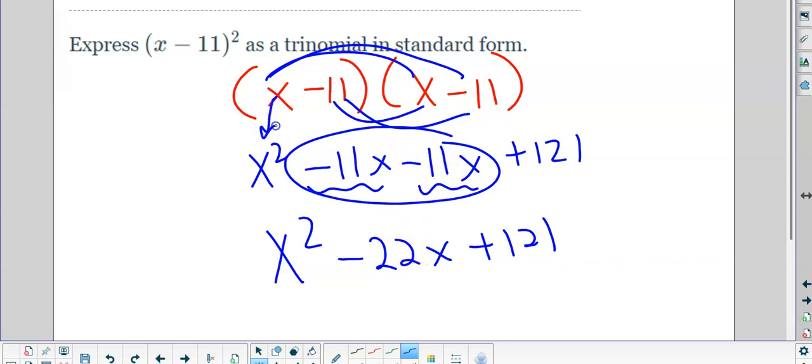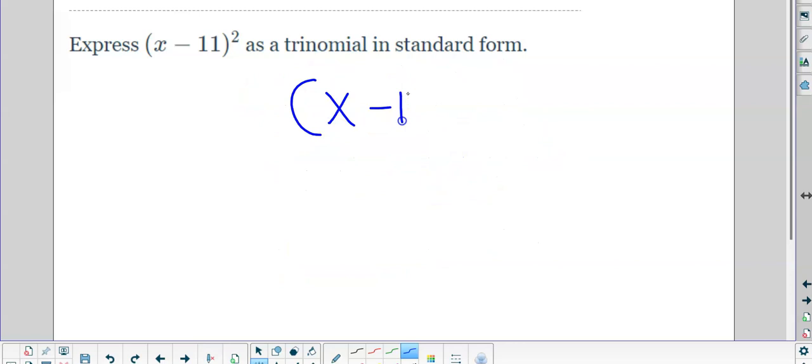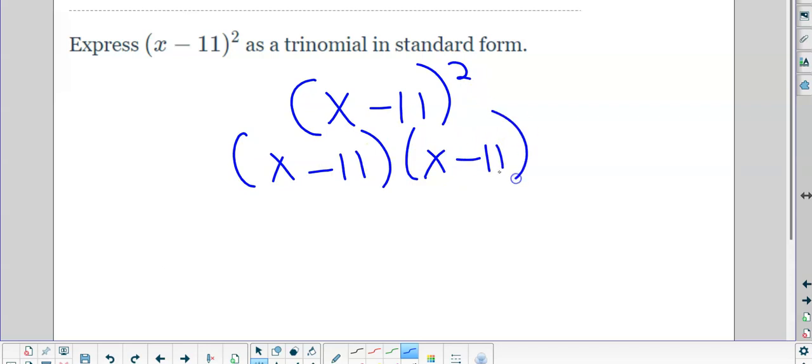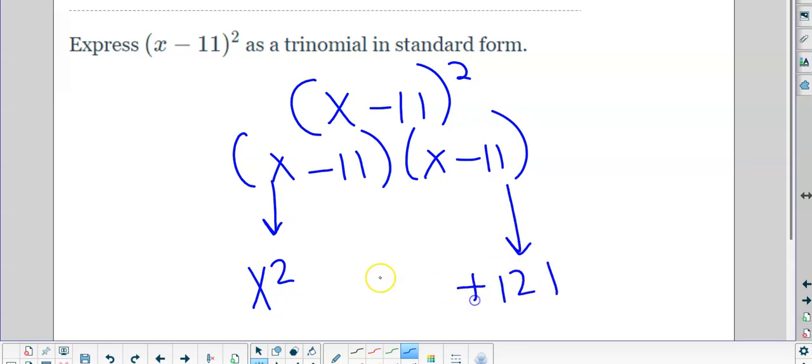And we'll notice that the first term is being squared and the last term is being squared. So a shortcut you could use is, instead of expanding it out and double distributing, you can square the first term and square the last term. They will always be positive.